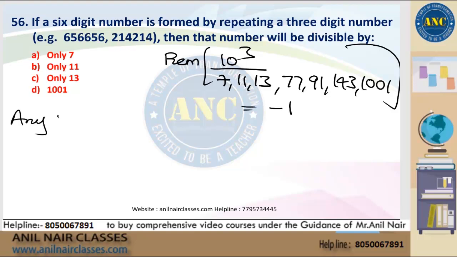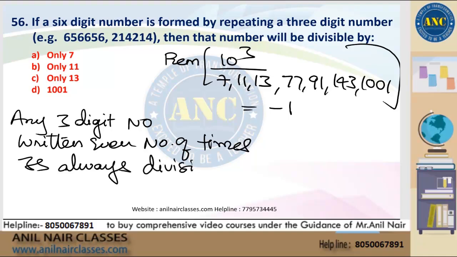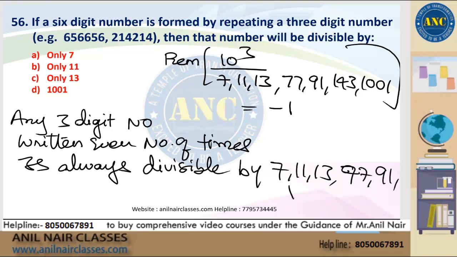Already we wrote: any 3-digit number written even number of times is always divisible by 7, 11, 13 multiples 77, 91, 143, 1001.